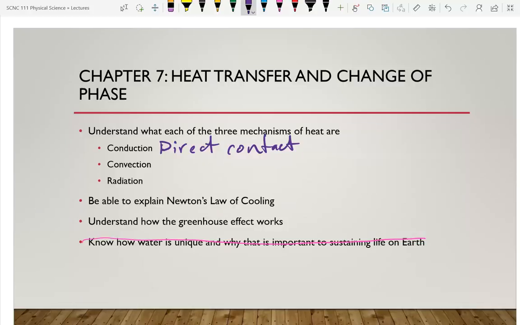You can have forced convection, like a convection oven, where you have a fan that blows it, so it goes whatever direction the fan blows it. Or we talked about weather patterns, and how air over land will heat up during the day, and because it's hot, it expands and rises, and cool air from the ocean will flow in underneath, and then at night it reverses.